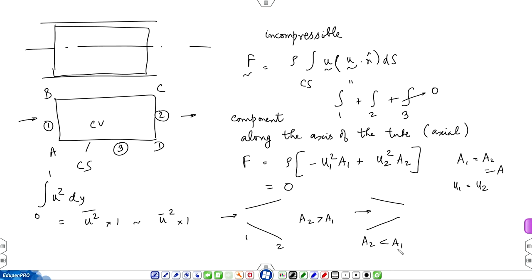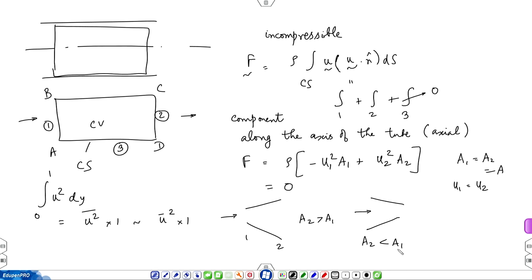That geometry, what is it called? It is called a diffuser geometry. Diffuser, that is a technical term for it. Tube is also a technical term. And then when A 2 is greater than A 1, it is a diffuser.